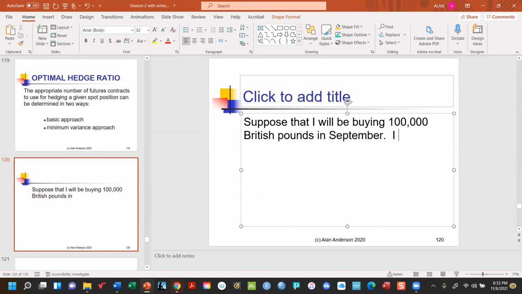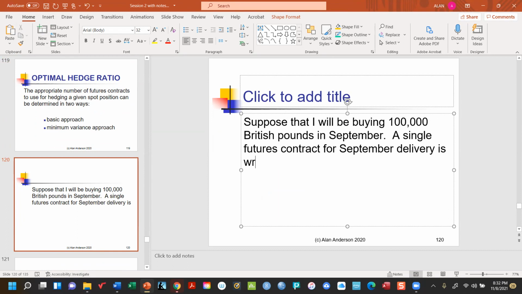A single contract for September delivery is written on 62,500 British pounds.